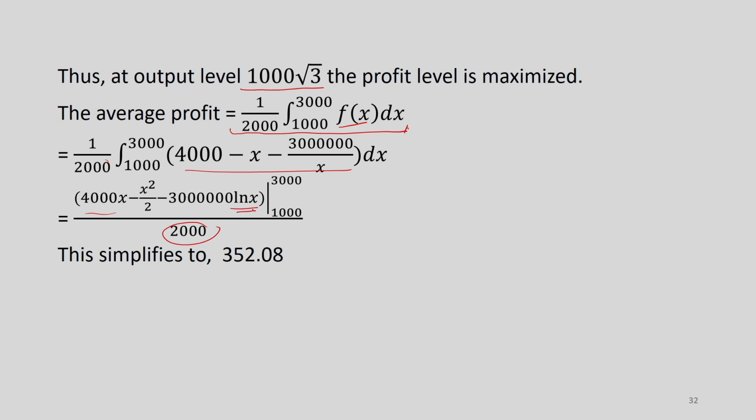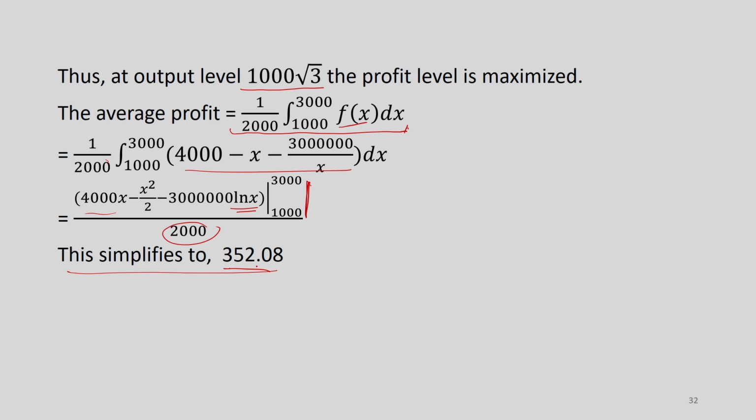Okay. Now, I have to take the value of this at 3000, and from that I have to subtract the value of this at x equal to 1000. So, that is what I have written here, and if I do that, I am going to get this figure 352.08.